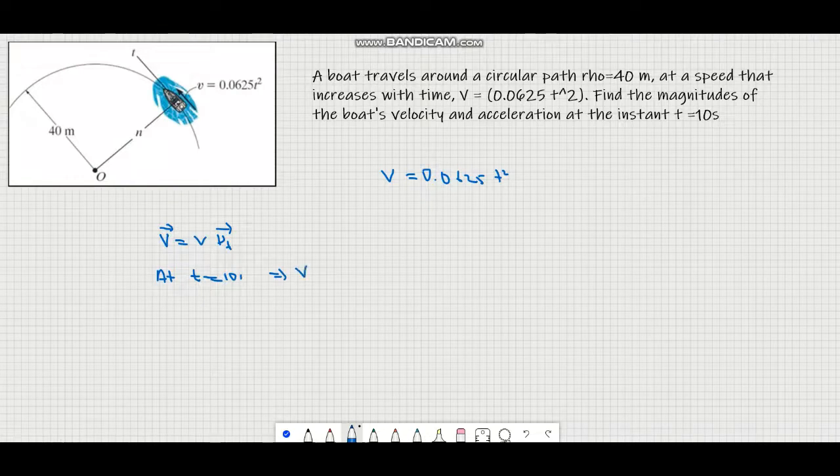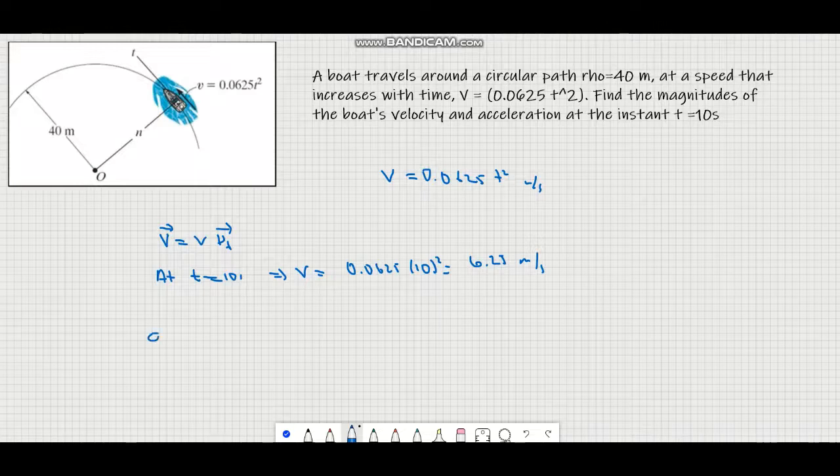The velocity is equal to 0.0625 times 10 square, which is 100. So it is 6.25 meters per second. The units are given in meters per second.